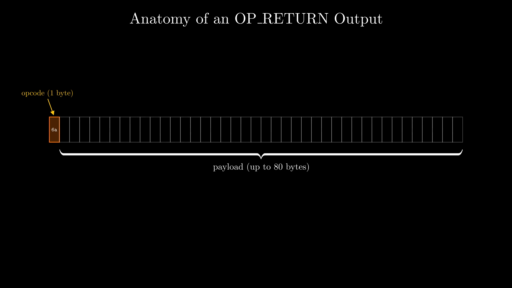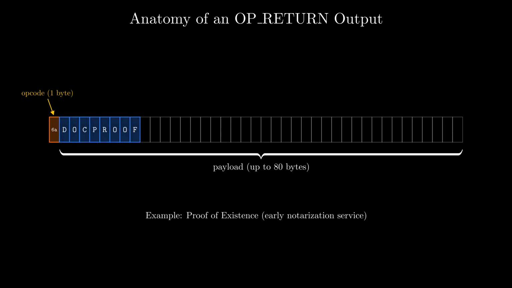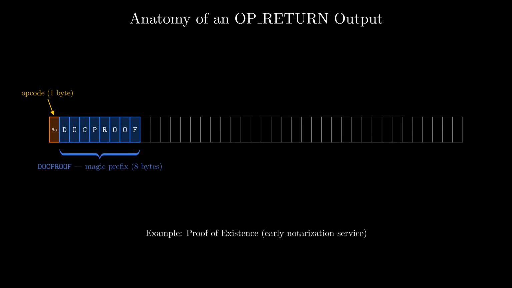Here's the anatomy of a real OP_RETURN output. First byte, the OP_RETURN opcode itself. Next, the payload. Take Proof of Existence, an early notarization service. Its payload begins with 8 ASCII bytes, spelling DOCPROOF, a magic prefix that lets anyone scanning the chain identify these notarizations.